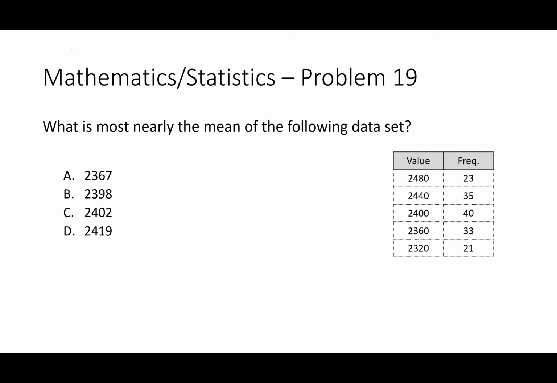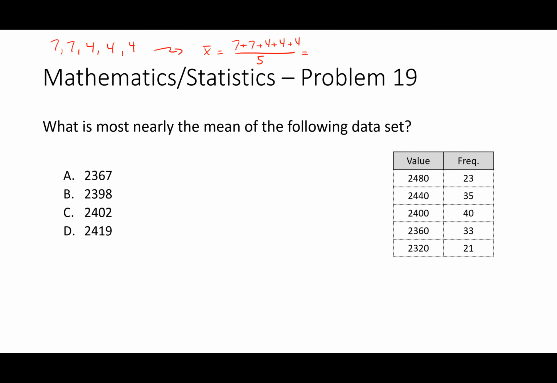To give you an idea how this works, let's say we had the values 7, 7, 4, 4, and 4. If I wanted to find the mean of this, I'd sum these up and divide by 5.